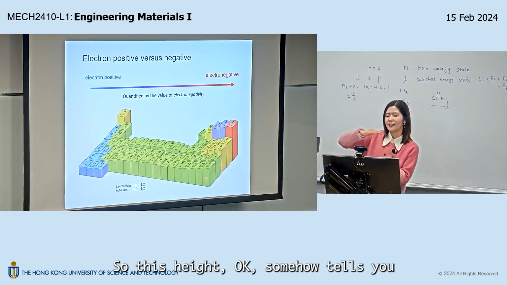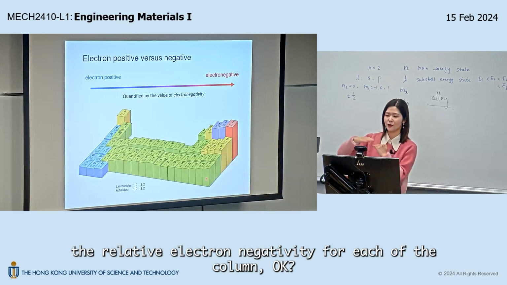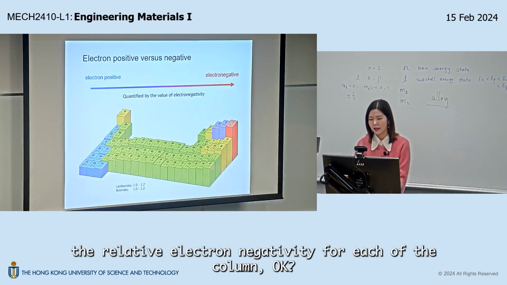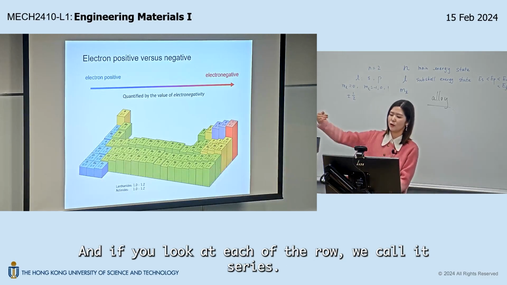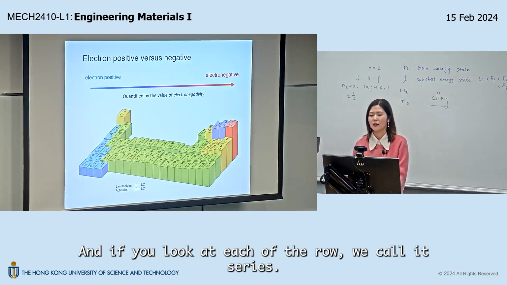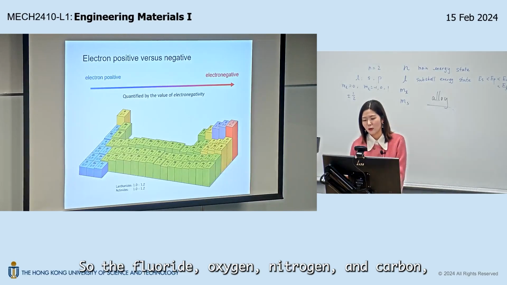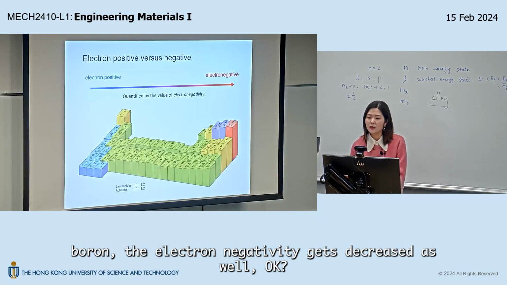So this height somehow tells you the relative electron negativity for each of the column, okay? And if you look at each of the rows, we call it series. So the fluorine, oxygen, nitrogen, and carbon, boron, the electron activity gets decreased as well, okay?